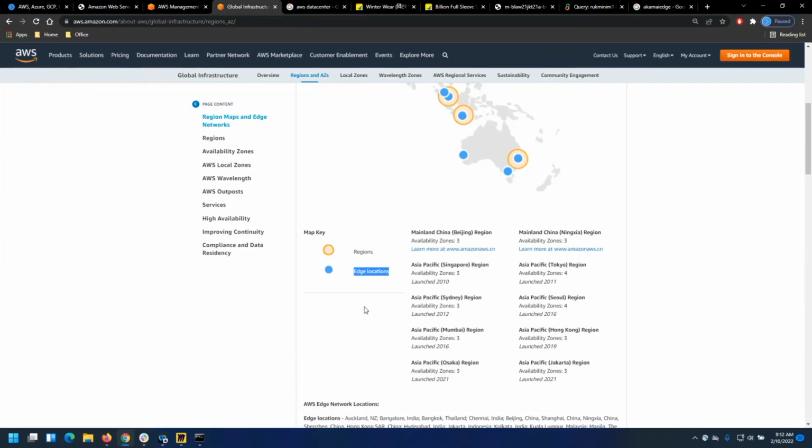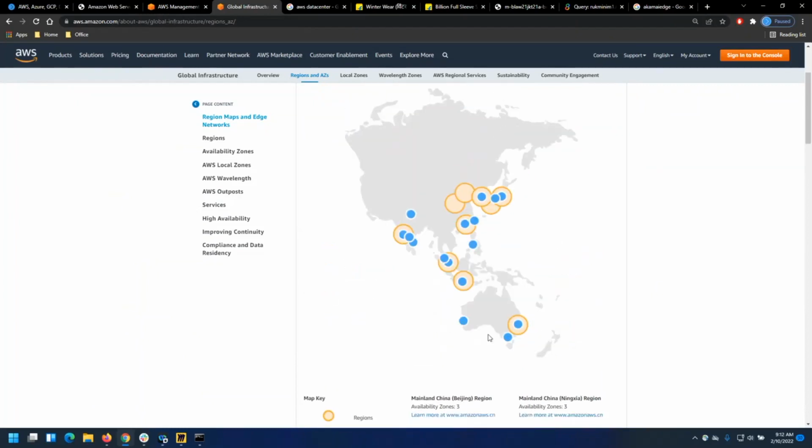Okay, so for now, what we need to understand, whatever the regions that we are talking about, those regions are physical data centers located in the respective geographical areas, and those data centers might be equipped with one building or three buildings or six buildings based on the customer demand.